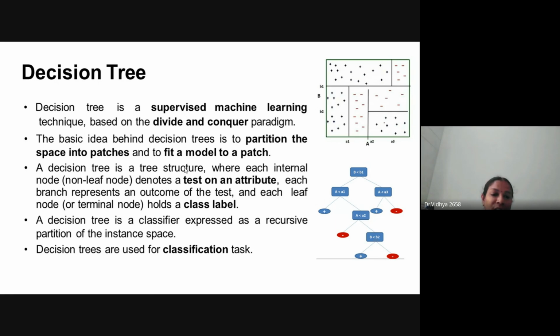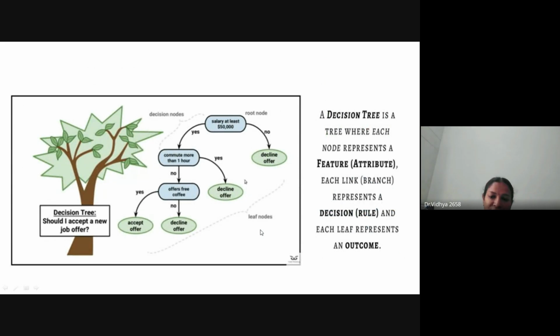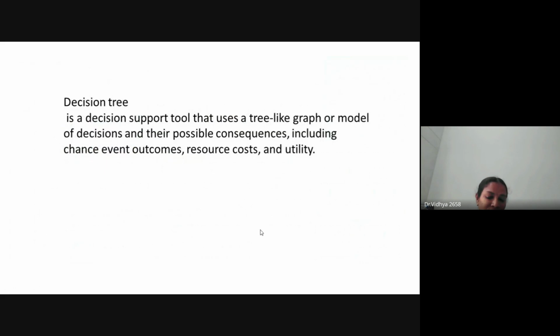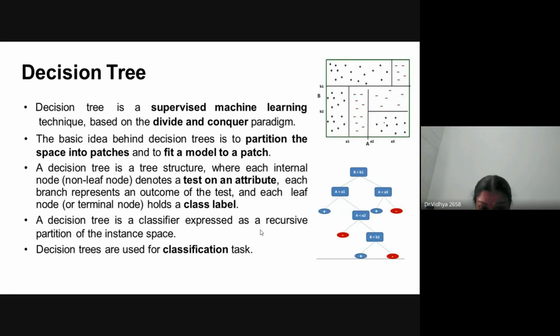Then a decision tree is a tree structure where each internal node, especially the non-leaf nodes, denotes a test on an attribute. Each branch represents an outcome of the test. That is what we have seen in the previous slide itself. Branches end up with the leaves, and each leaf node holds a class label. This is what we are able to see in this decision tree also. We are checking a condition.